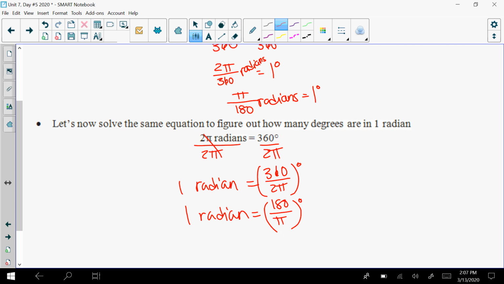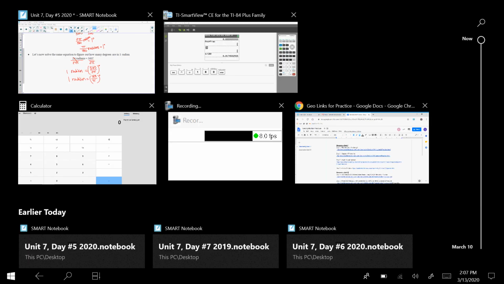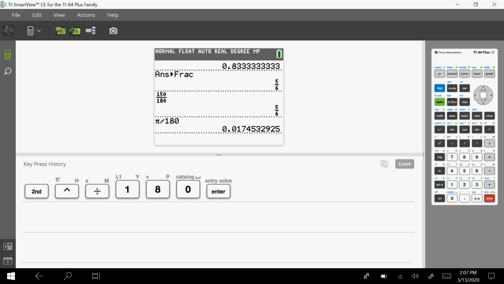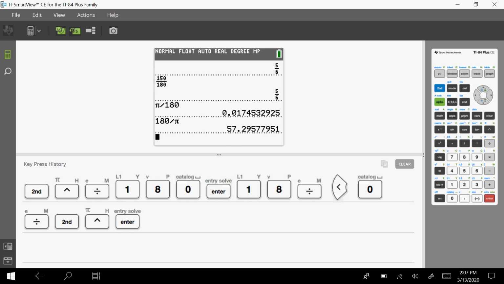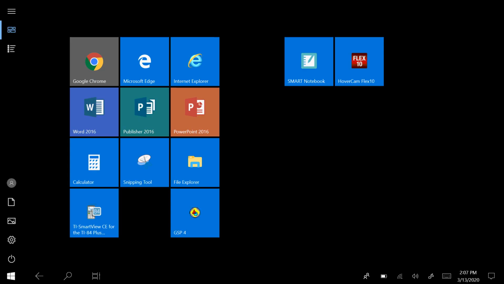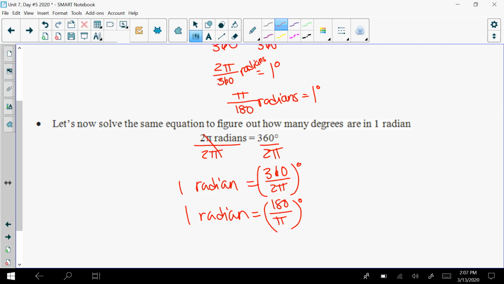So in your calculator, 180 divided by pi, ooh, this is small and hard to use, folks. Okay, it's about 57 degrees. So we're close with our guess of 60 at first. We weren't terribly far off. These are our conversion factors.